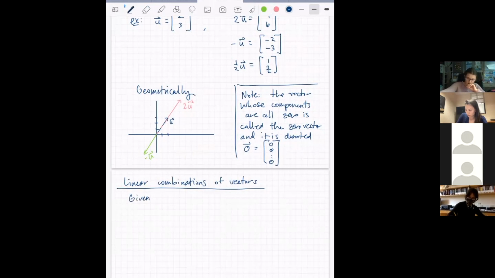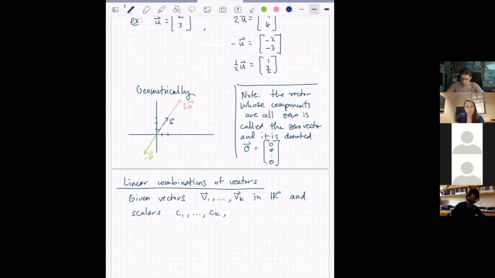We're given vectors v1 up to vk, where k is just some natural number. And say these are vectors in Rn. And we also have a collection of scalars, so scalars c1 up to ck, right?